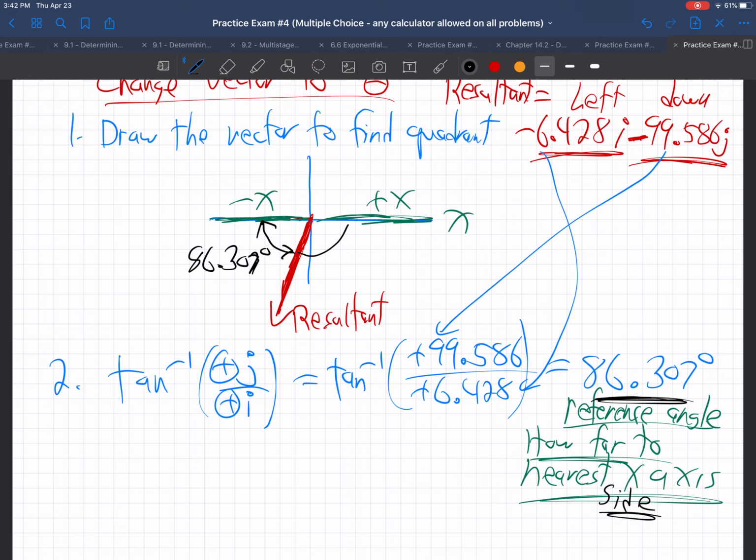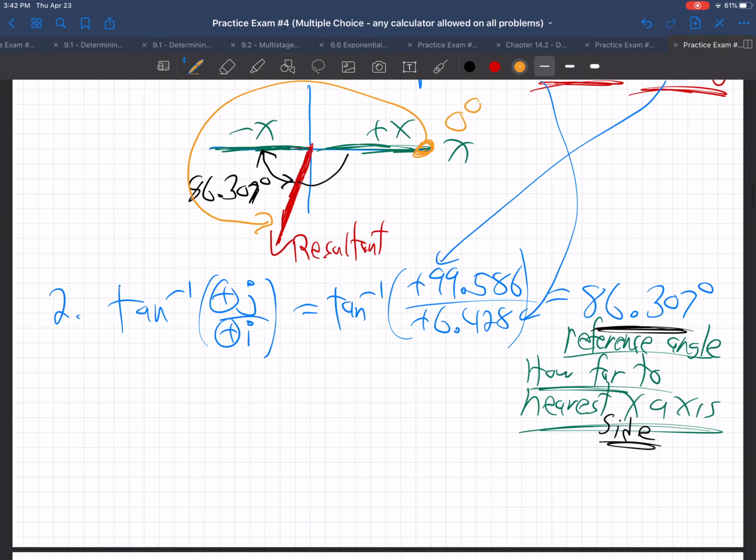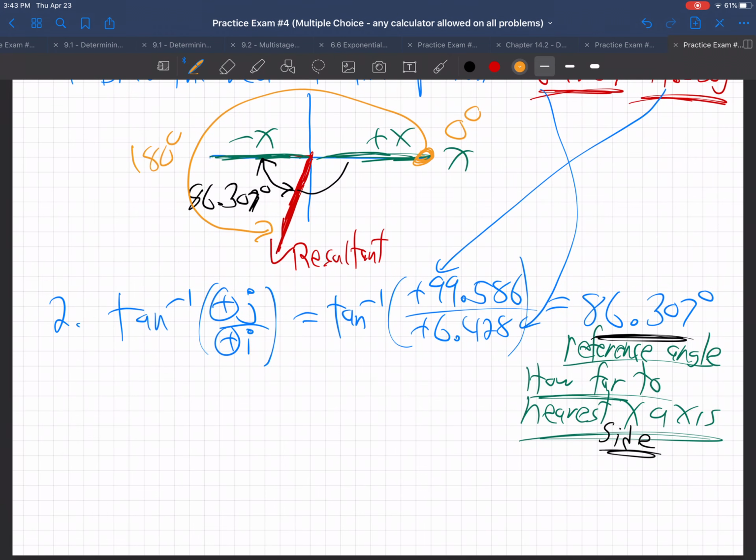So how do you get your actual final, everything-said-and-done answer then? You've got to go from 0 all the way to the resultant vector. Remember, actual angles of any vector are from 0. Well, how am I going to do that? Well, that's past 180. It didn't quite make it to 270, but it's 180 plus, so the true angle of that resultant vector is 180 plus the 86.307.